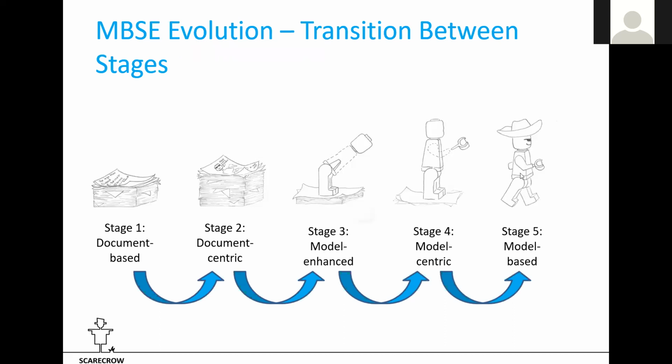Everything they do is model based. It's all in models. They're doing advanced queries on models and generating stuff from models. And there are recognized transitions and things that you have to do to get from one stage to another. It's not just about saying, okay, we're document based, we want to get to model based. There's a set of typical activities that you see when you move between the stages.